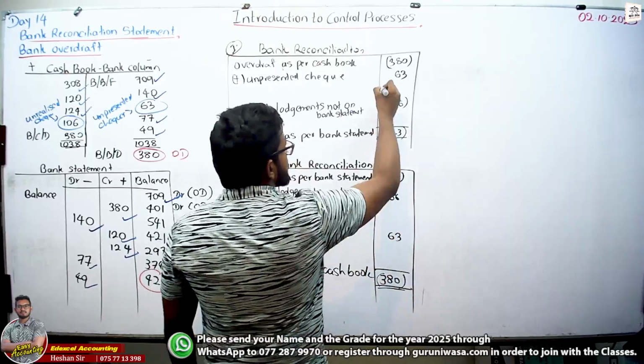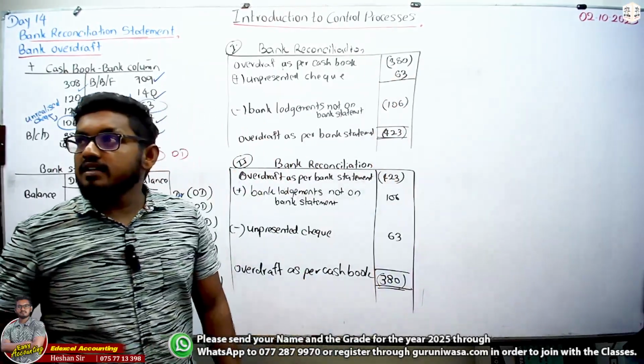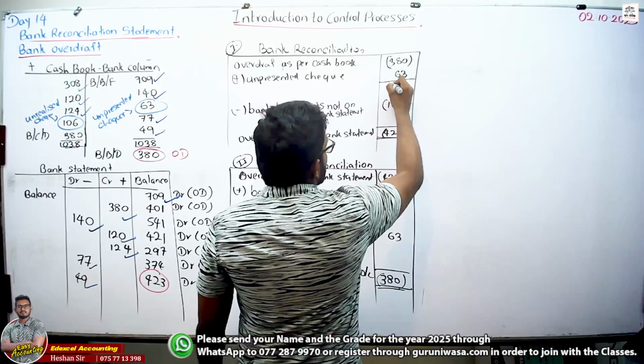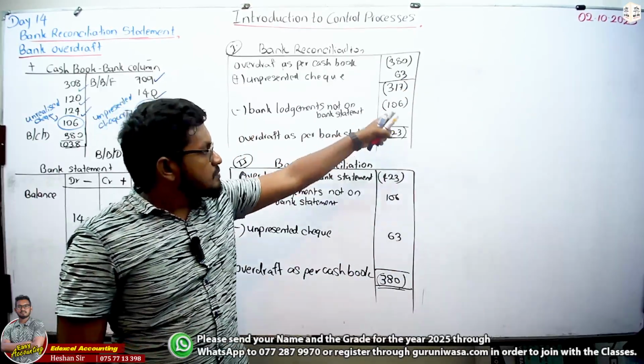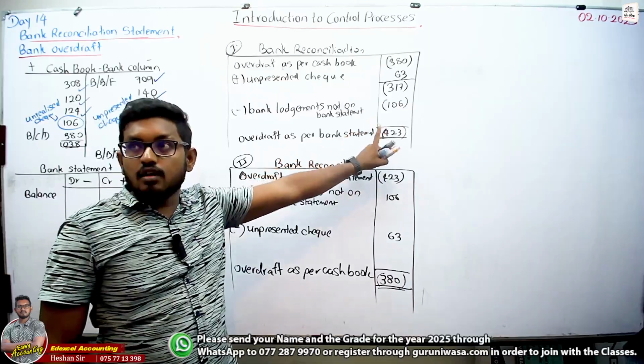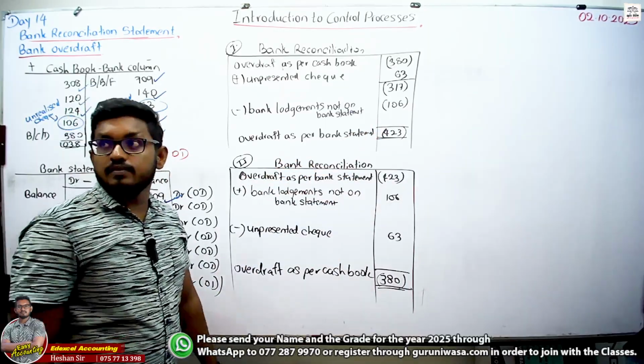Now you can see here 380 plus 63 means the overdraft will decrease up to 370, minus minus we are adding, so 423.